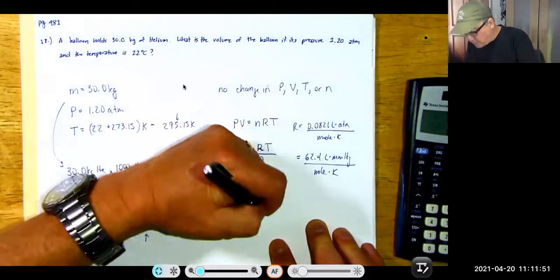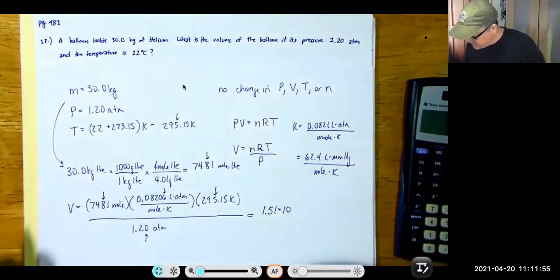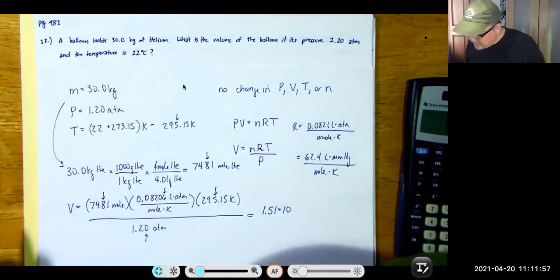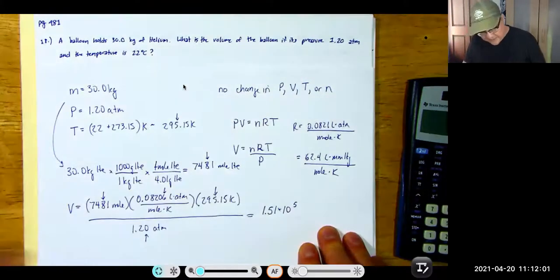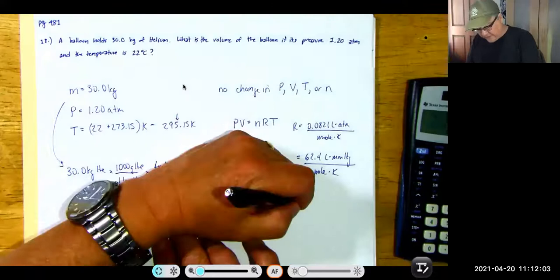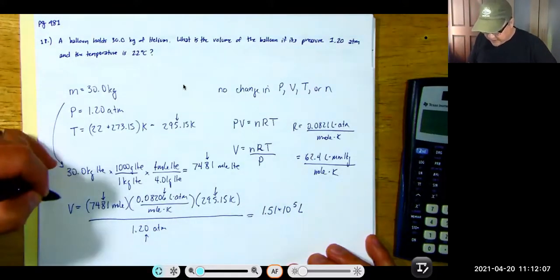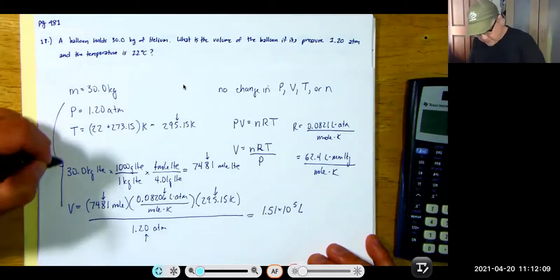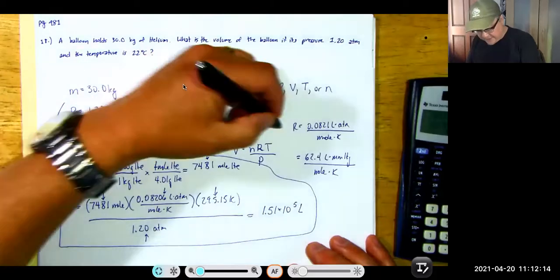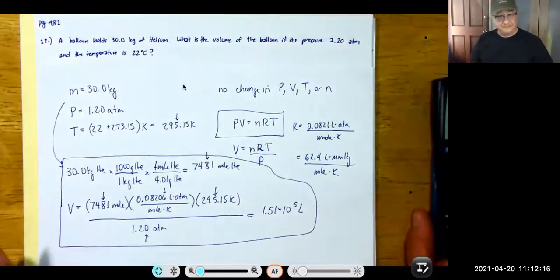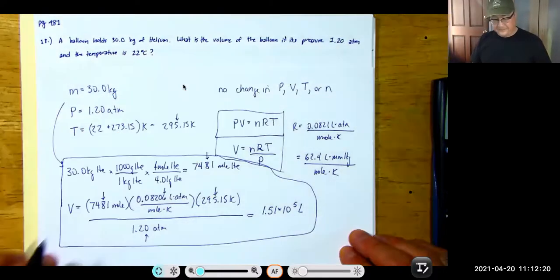I get 1.51 times 10 to the 5 liters of helium. So I would expect to see this type of work and this as part of your answer. And I'd even like to see that as part of your answer.